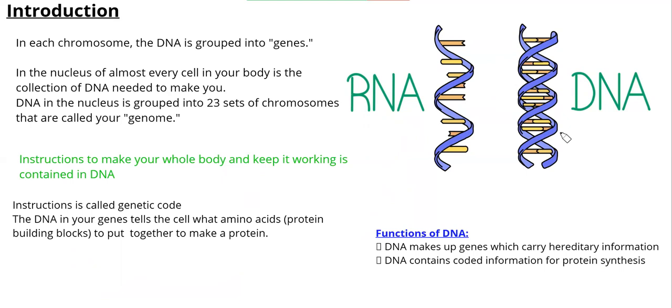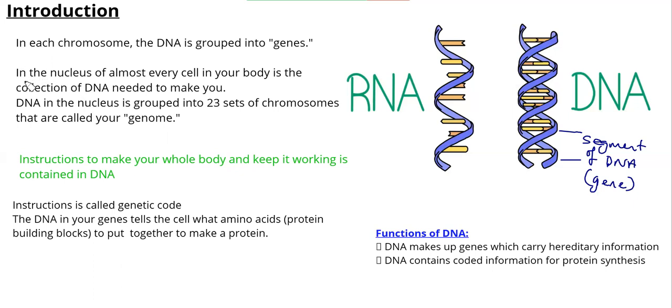A segment of DNA is what you call a gene. And it controls specific characteristics and also controls the synthesis of specific proteins. We'll understand that when we are doing protein synthesis.